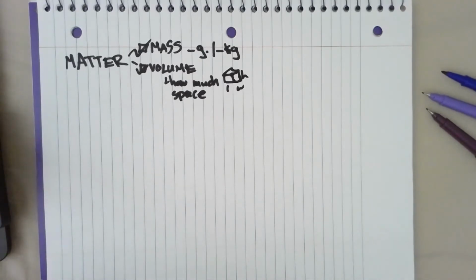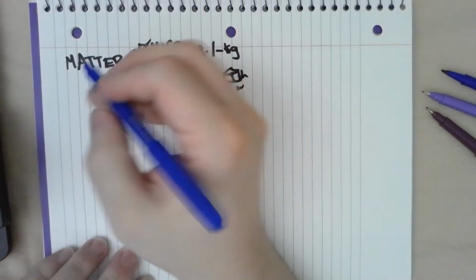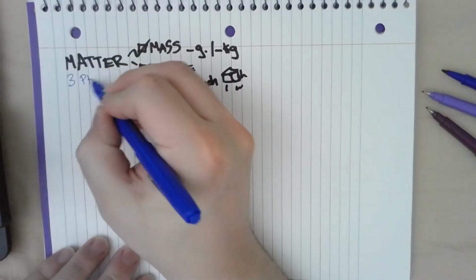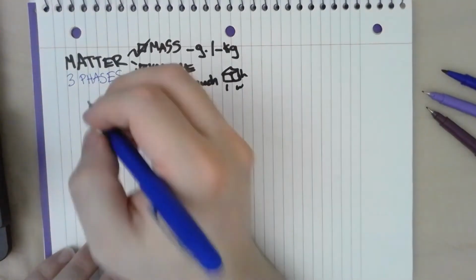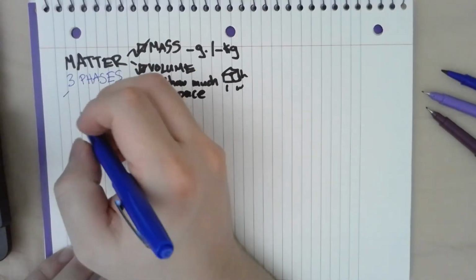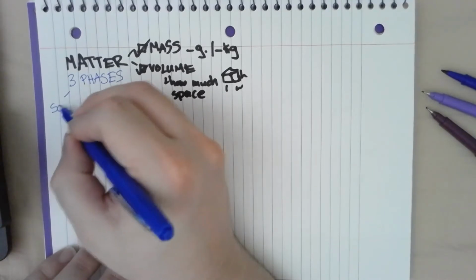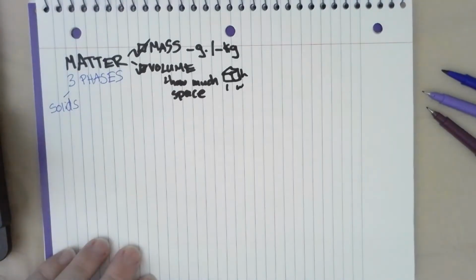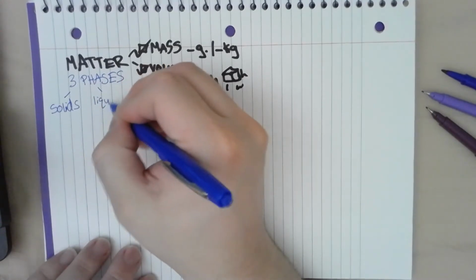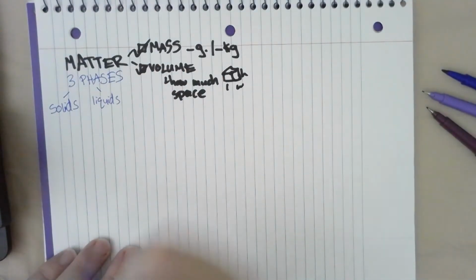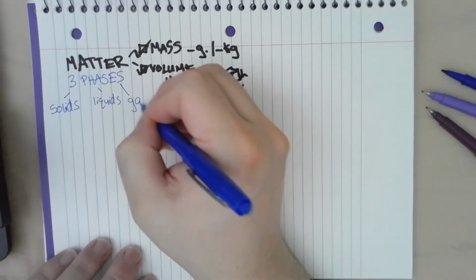So, the easiest way to think about matter is just to remember that matter comes in three phases. There are three phases of matter. You should maybe already know this, but matter can be solids, matter can be liquids, and matter can be gases.